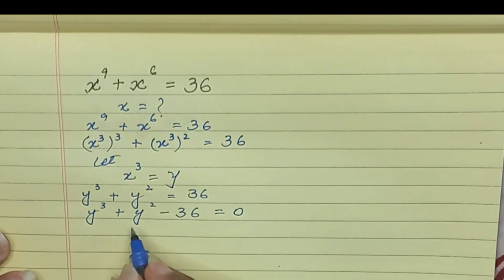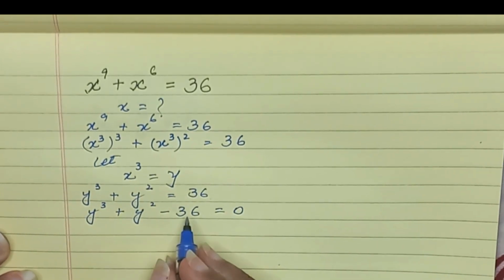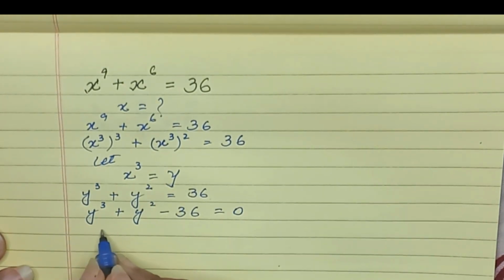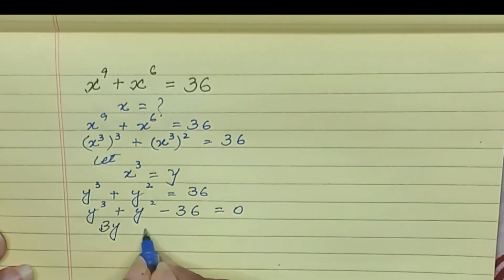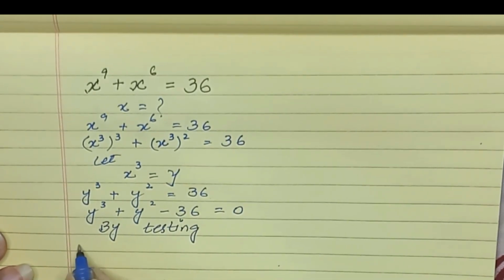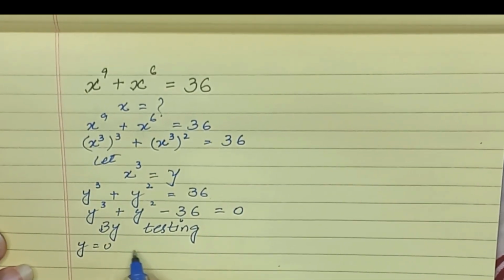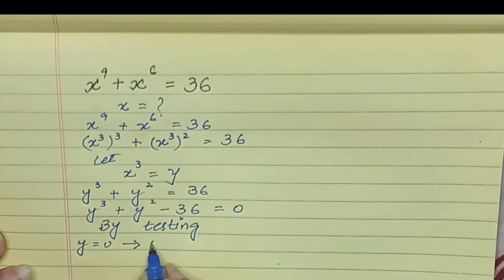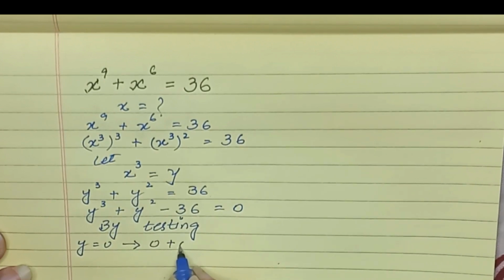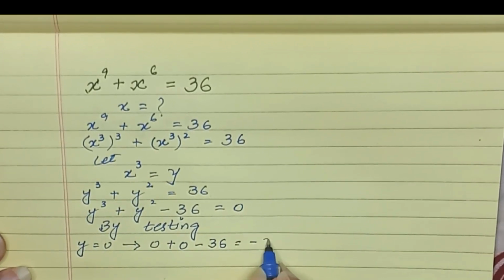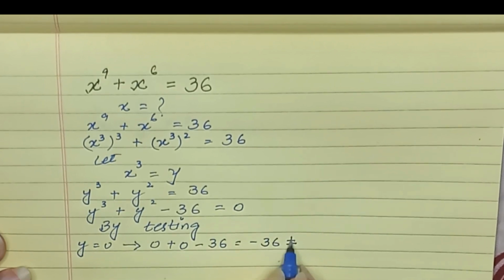We will solve this cubic equation by factorization. First of all, by testing, for y equal to 0: 0 cubed is 0 and 0 squared is also 0, minus 36 is minus 36, which is not equal to 0.